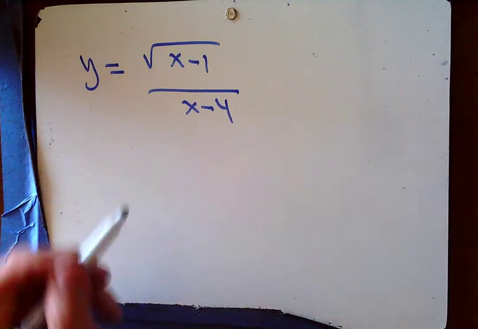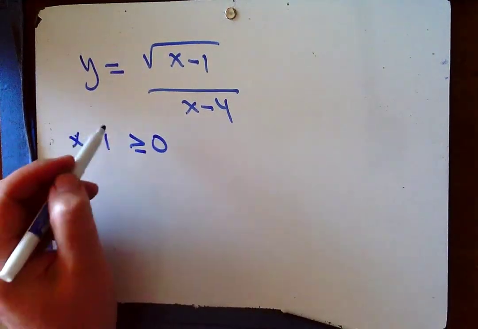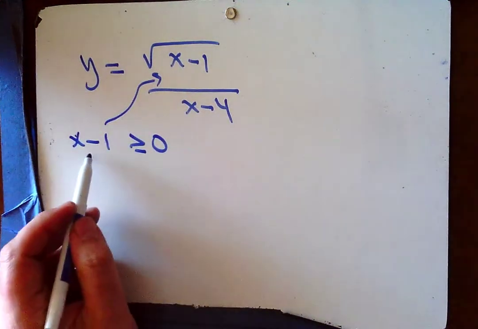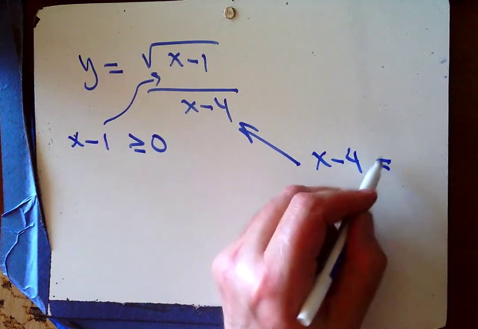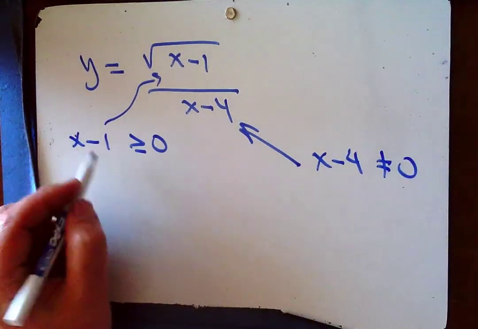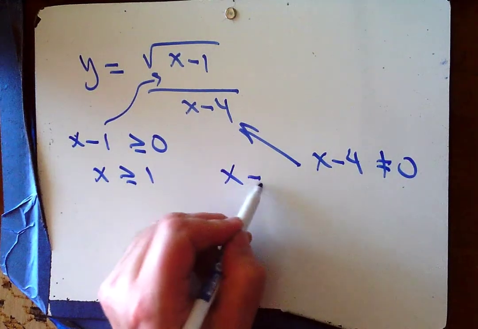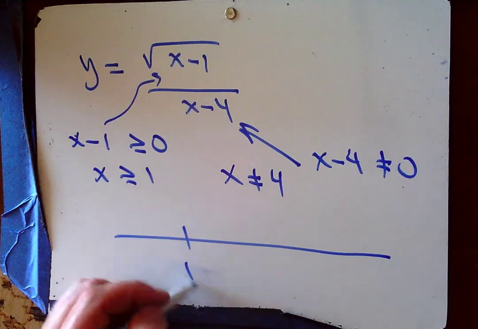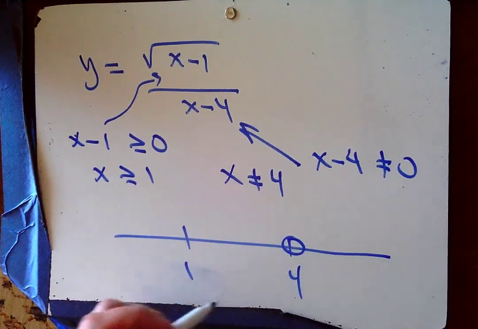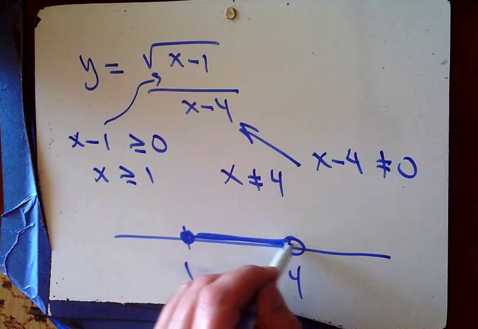Okay, so we know that x minus 1 has to be greater than or equal to 0 because I can't have negatives under my radical. And I also know x minus 4 can't equal 0. So I know x is going to be greater than or equal to 1, and x cannot equal 4. Here's 1, here's 4, cannot equal 4, can be equal to 1, can be greater than 1.